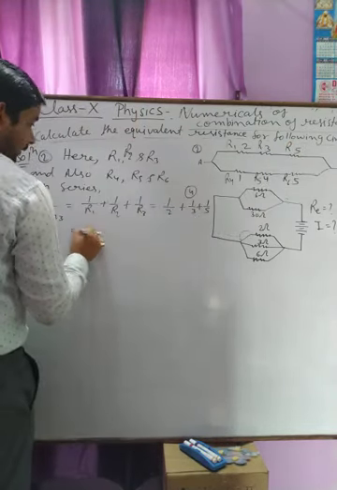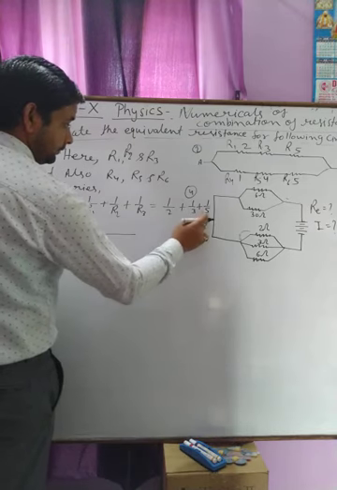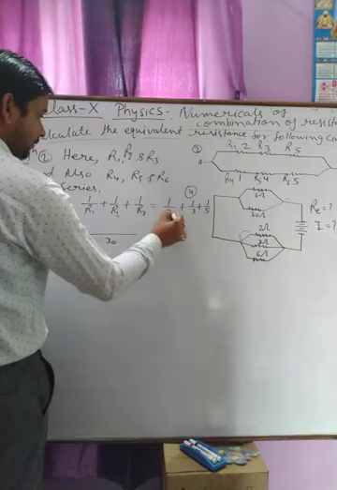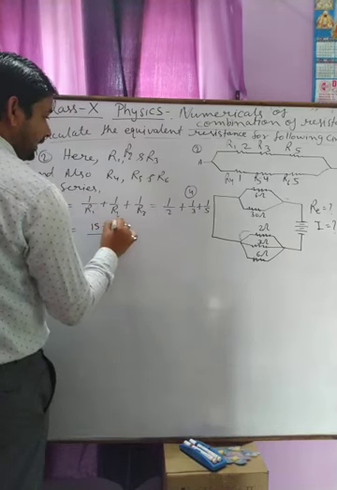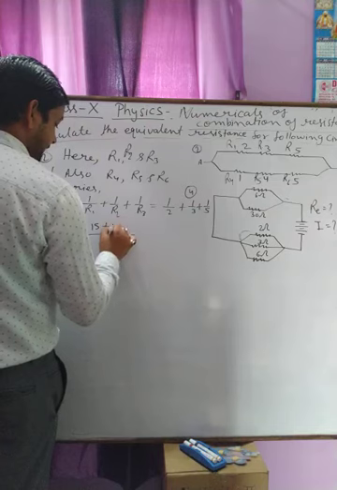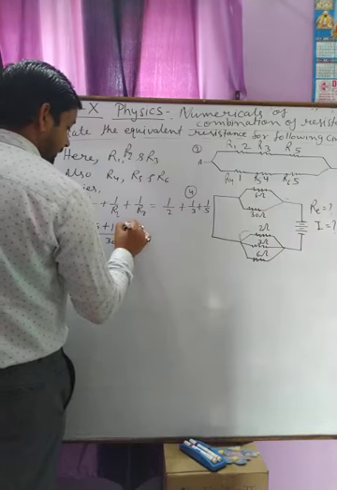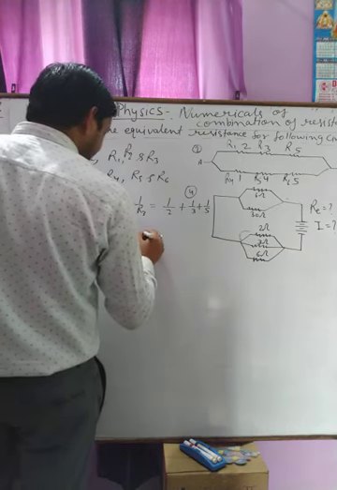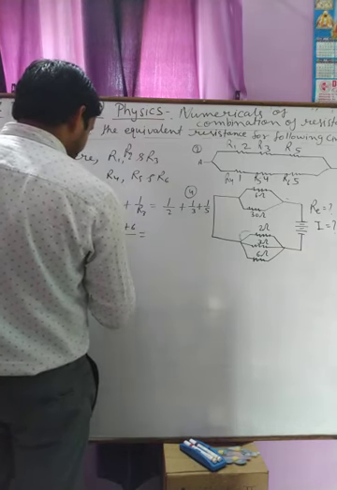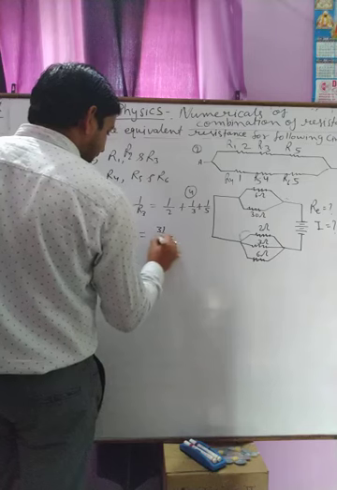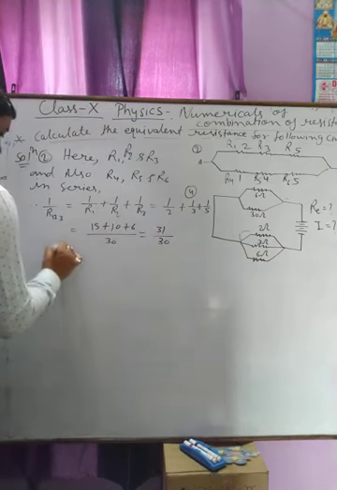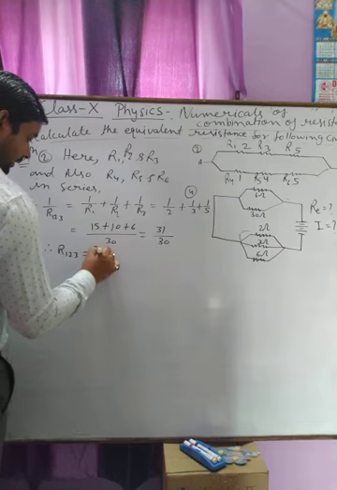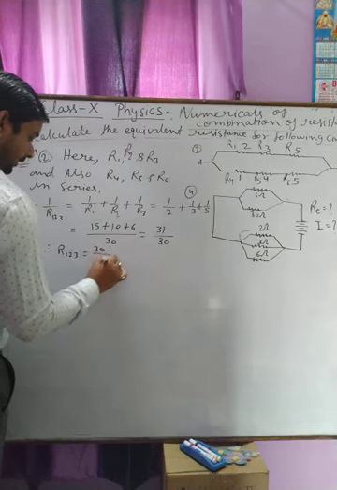On taking LCM as 30, we get 15 plus 10 plus 6, that is 31 upon 30. Therefore, R123 is 30 upon 31 ohm.